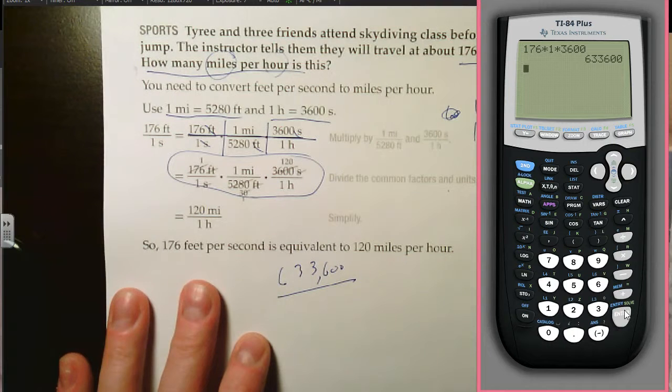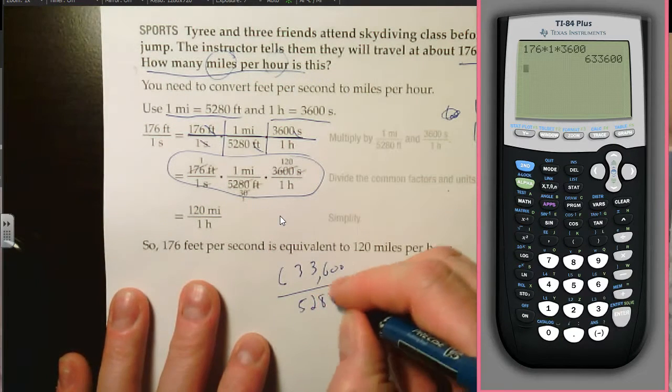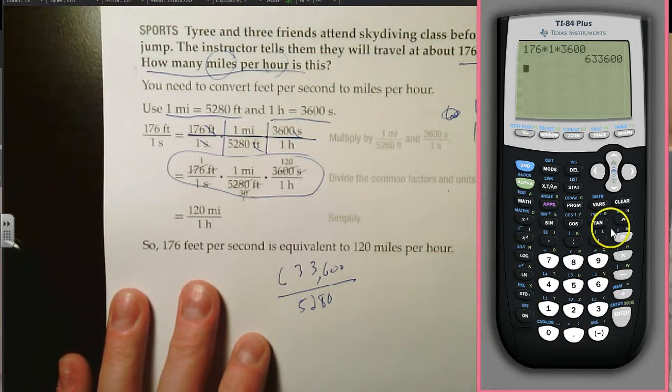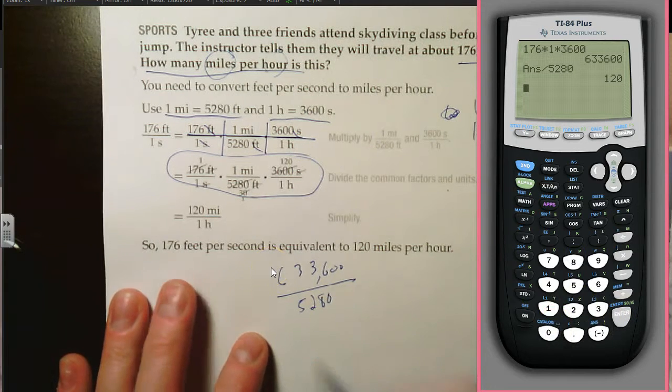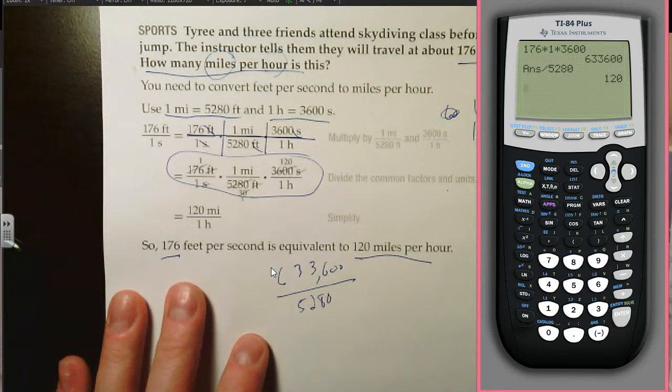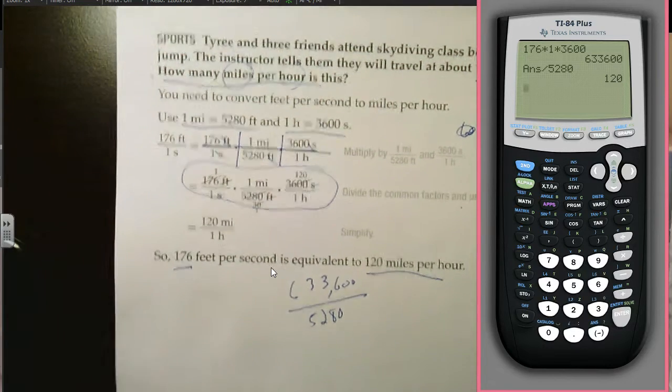And then the denominator is just 1 times 5,280 times 1, so just 5,280. And then dividing it by that, we get 120. So 176 feet per second is 120 miles per hour. Okay. So let's look at an example like that.